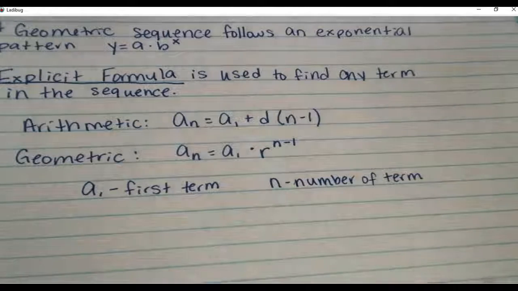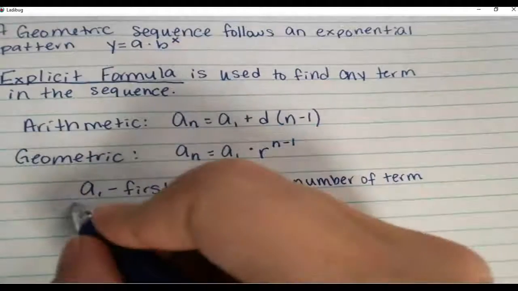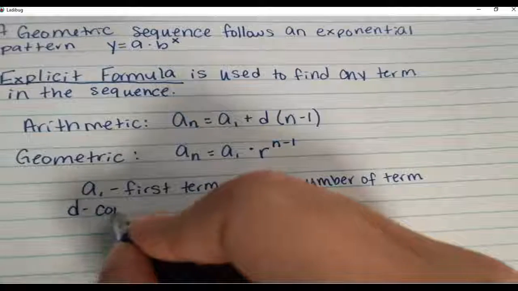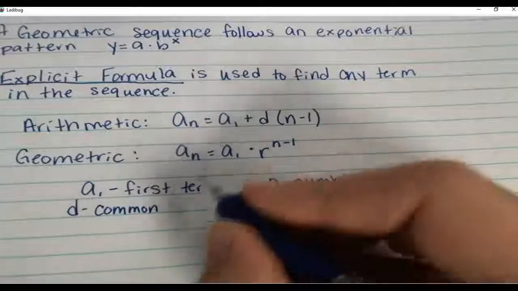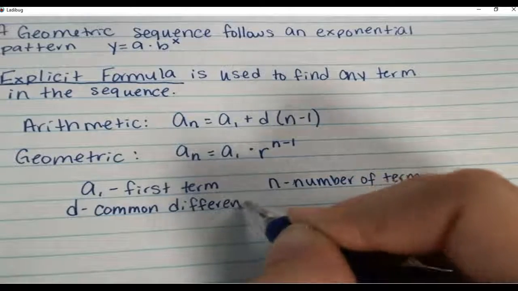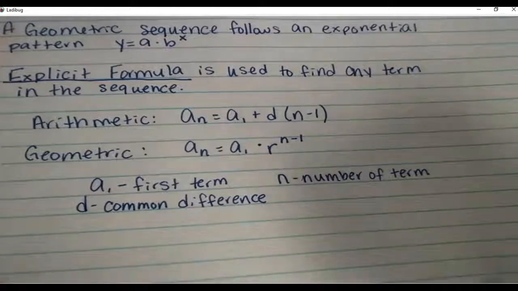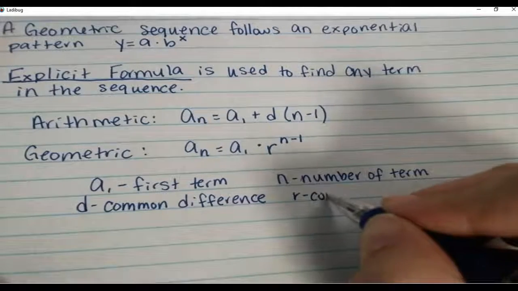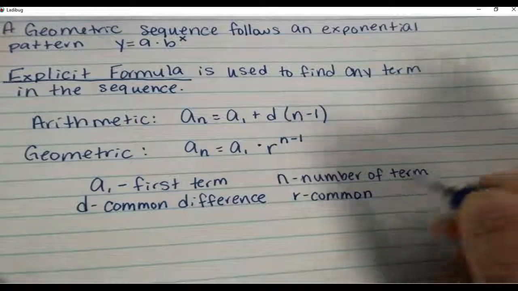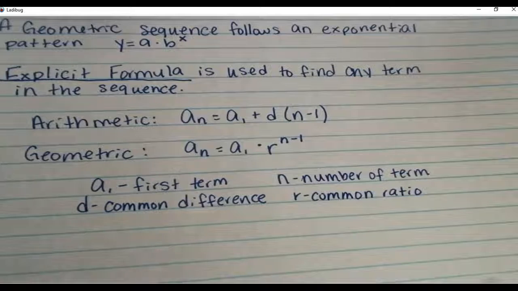So it's the number of the term that you're trying to find. And then d is the common difference. So remember, that's what you're adding or subtracting each time. And that's for your arithmetic. And then r is your common ratio. And that's what you're multiplying by each time. Remember, if it's dividing, you make it multiplying a fraction.